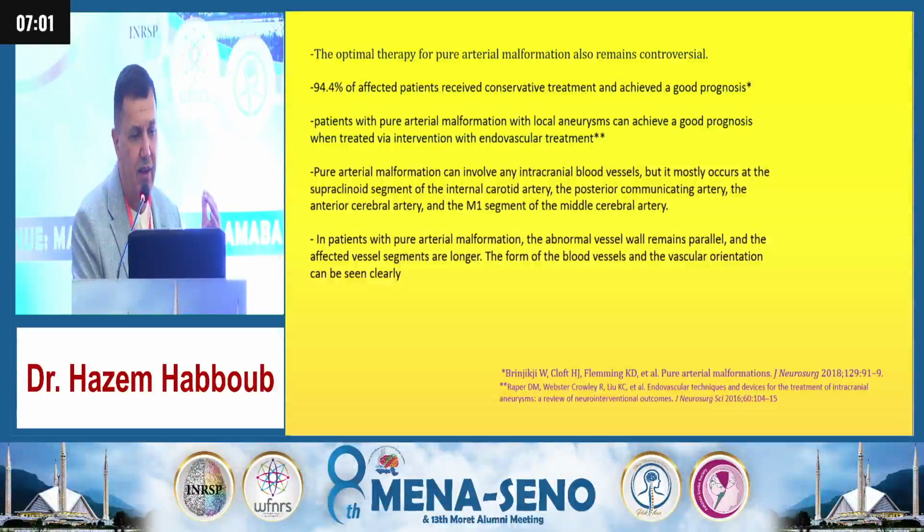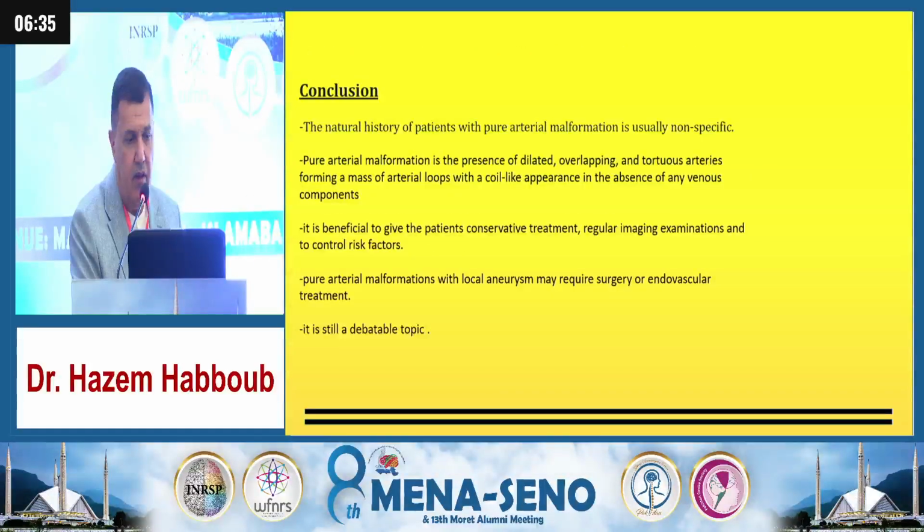So we advocate that for these lesions, a stent should only be used in certain circumstances: if they are associated with an aneurysm, if there is a severe stenosis with turbulent flow, or if on follow-up you notice growth and expansion of the wall. At that stage you would think of treating. A couple of papers published recently state the same thing.